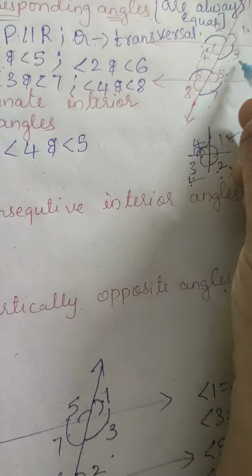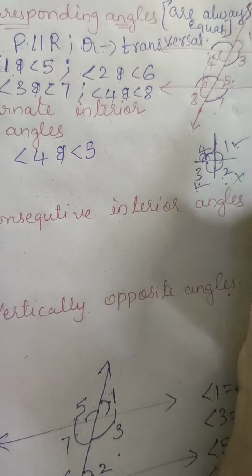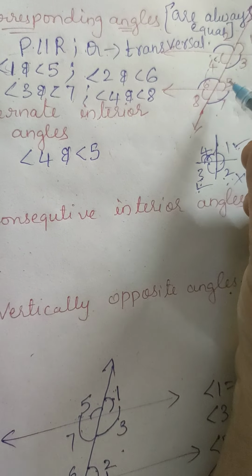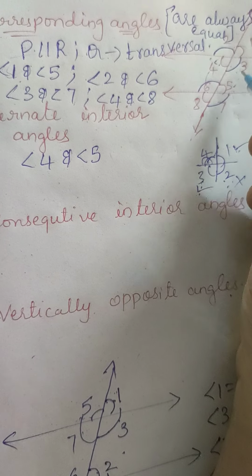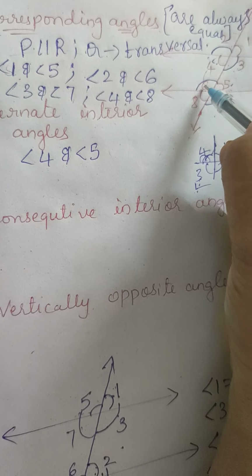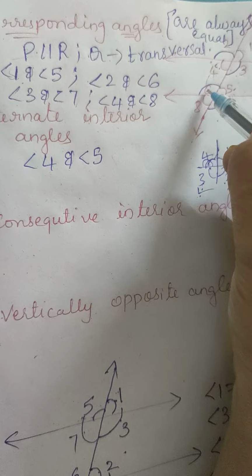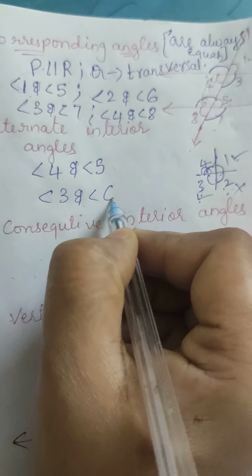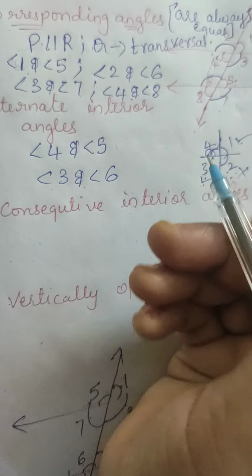I am leaving the 3 here. In the same way, I am taking 3 and leaving 5 and taking 6. 3 and 6 are again alternate interior angles.